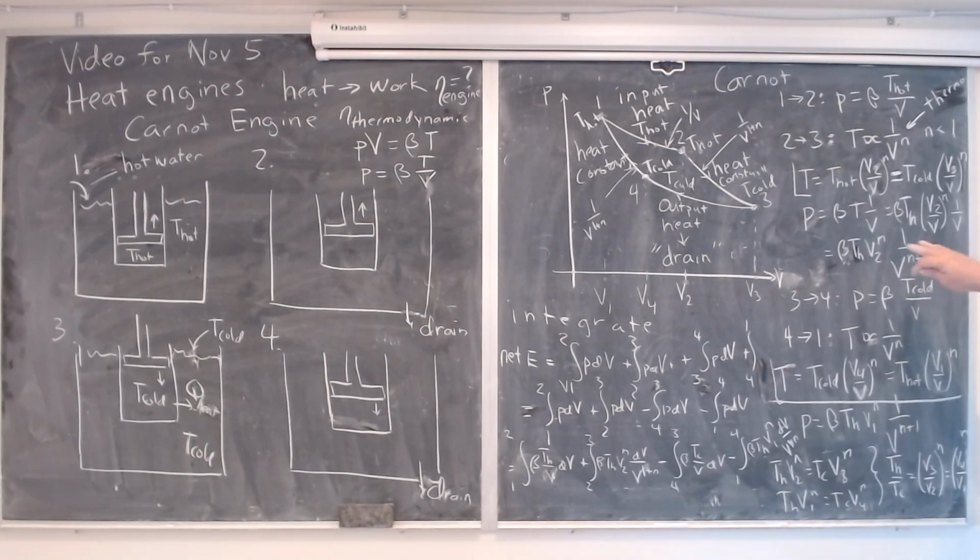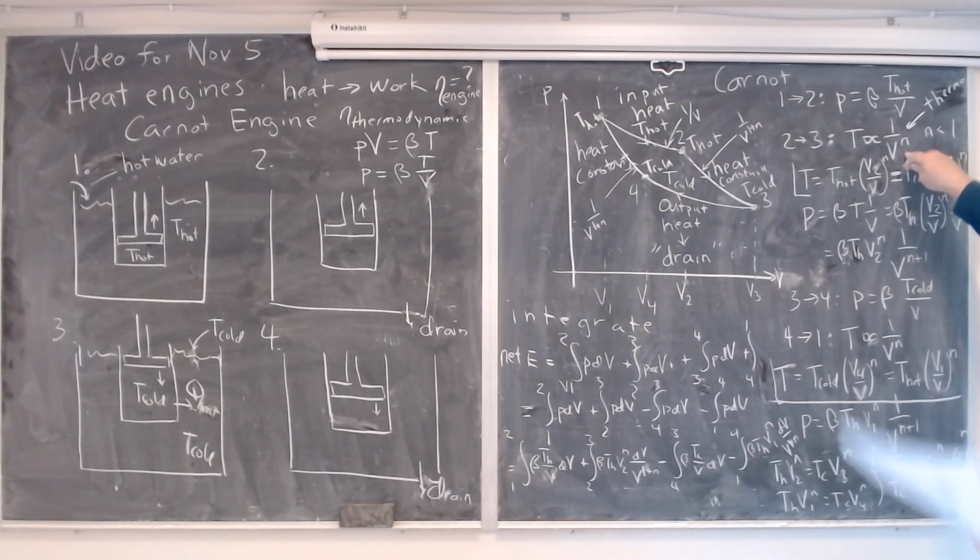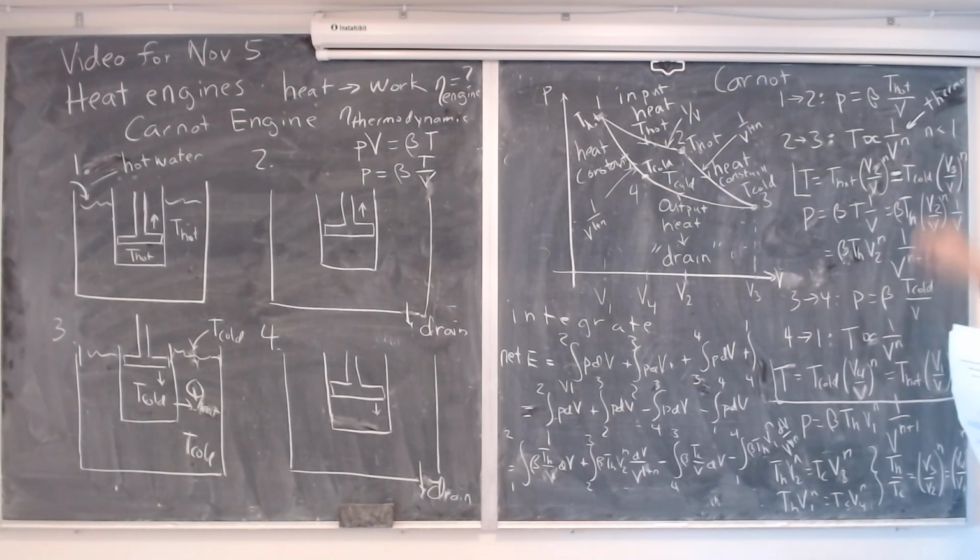So this is the one intuitive step that you have to commit to memory. The temperature of an expanding or contracting gas, in the absence of any other controls or any other heat sources, will go as 1/v to the n.